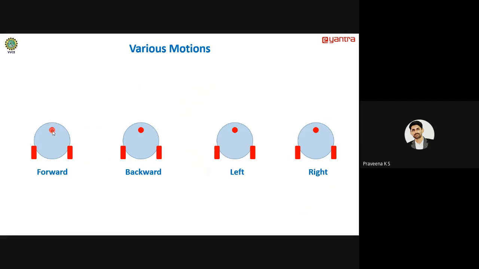It has no control and moves in all directions. Whereas these two wheels are connected with the drive DC motors, and these are the wheels that give the control. Based on that, it will move.